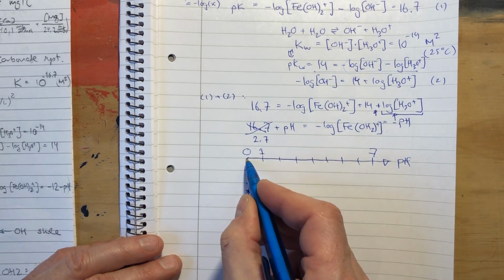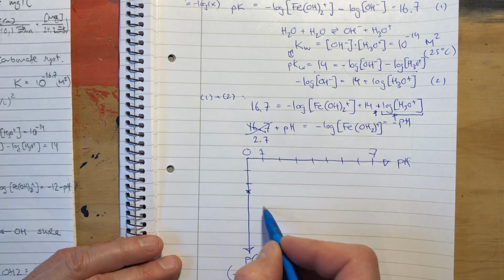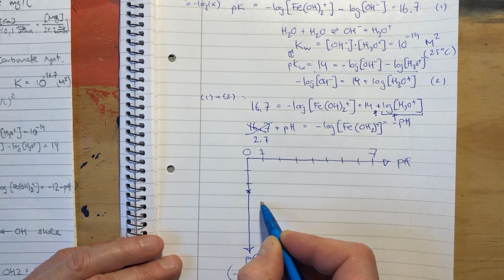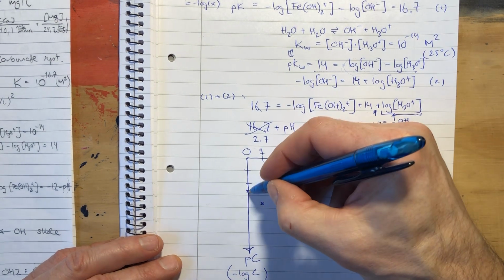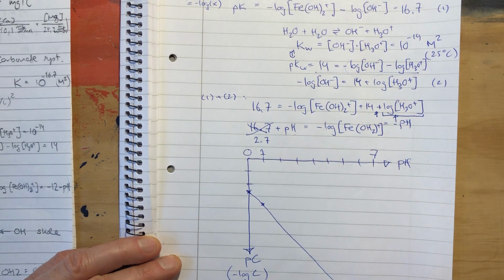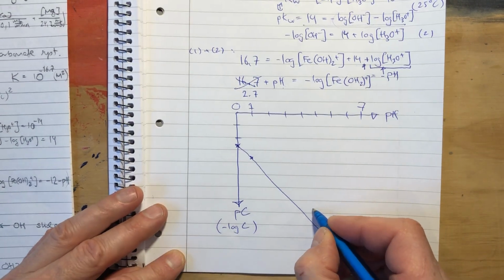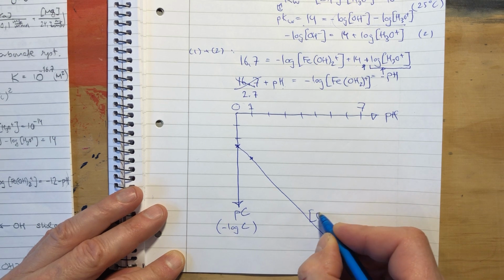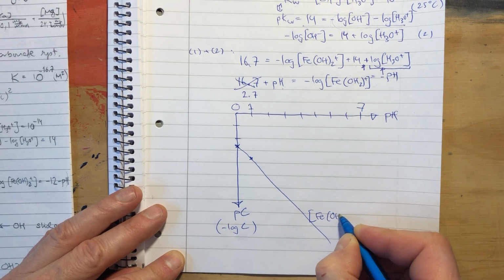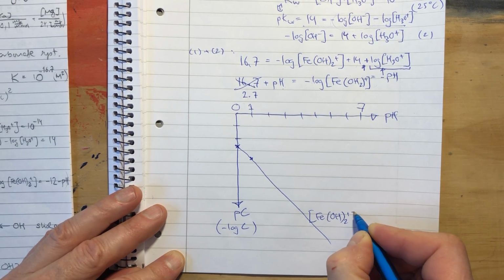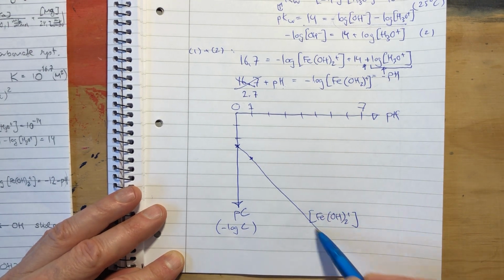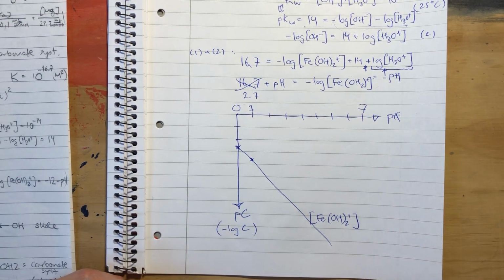So this is the concentration at 0. If I'm moving up 1 pH, I'm dropping down 1 log scale here. So I get a line with a slope of 1 that represents my concentration of the iron here. So now I have graphically visualized the dependency of this concentration on the pH.